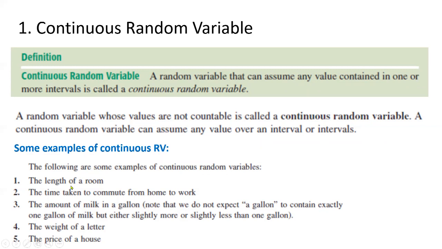First, the length of a room is a continuous random variable, because space is usually continuous. Second, the time taken to commute from home to work, for example 10 to 20 minutes, is also a continuous random variable because time is commonly regarded as continuous. There are some other examples we can have a look at after the class.